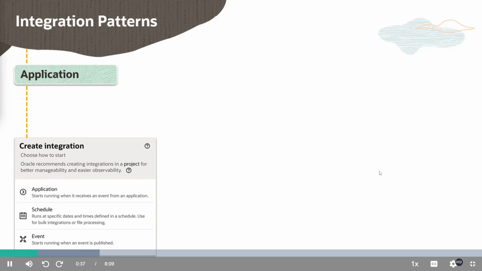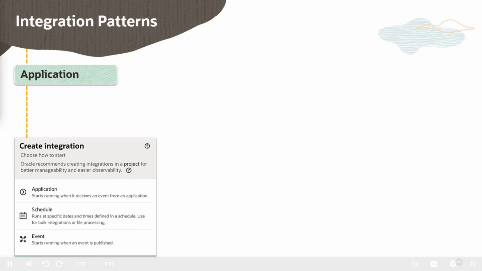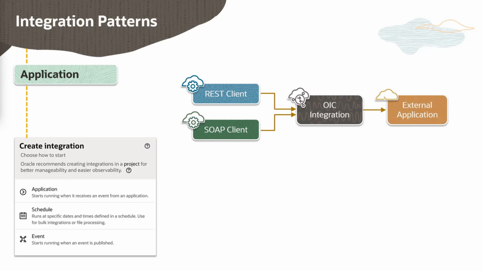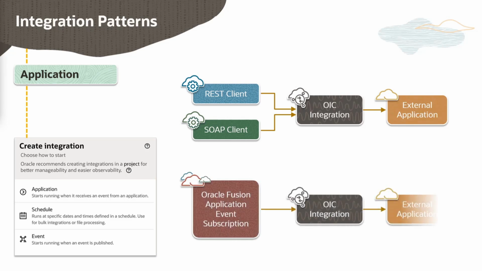To trigger an application integration, you can define a REST or SOAP-based interface that is designed to be called by some client application. From there, your integration can invoke one or more external applications. Or this pattern also provides an option to leverage certain Oracle Fusion application adapters to subscribe to specific business events to trigger the integration.